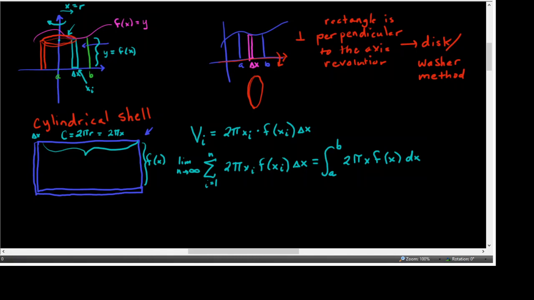So in general, a little bit more general than that, this will be the radius of the cylindrical shell, the cylinder that it comes from, and that'll be some function of x. And the f of x will be the height of the cylinder as drawn in the original graph.